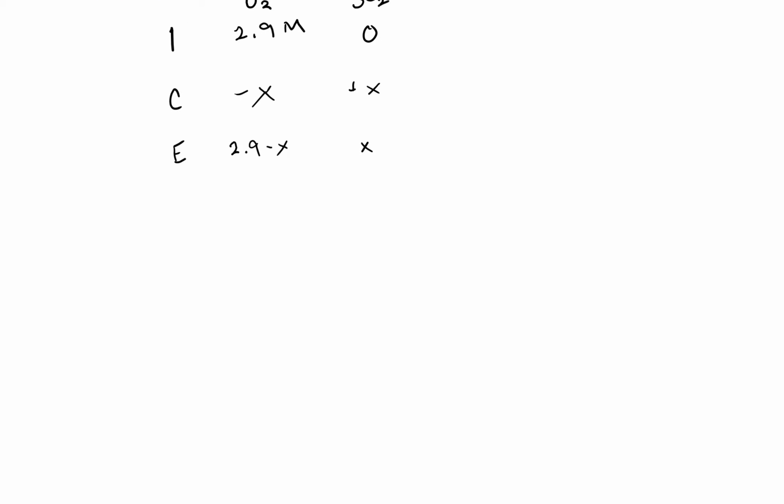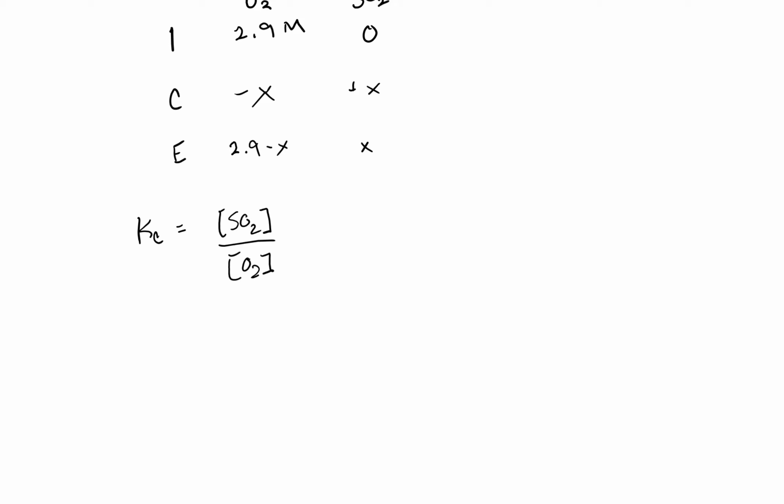And now that we have this, let's take a look at our equilibrium expression. In this particular case, it is going to be the concentration of our product that counts, sulfur dioxide, raised to its coefficient, which is 1, over the concentration of our oxygen at equilibrium, raised to the first power also, because that's its coefficient.